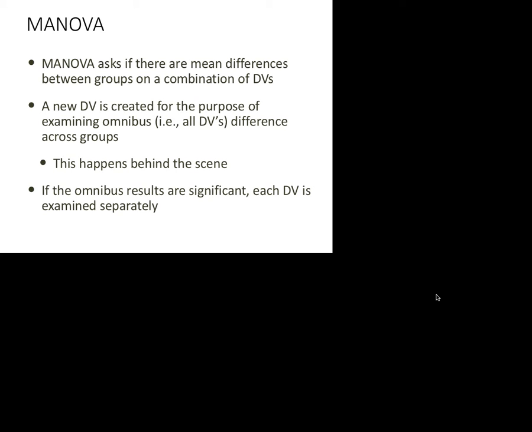So again, not because it's something that we're going to do here or that we have to do, but looking at that second point, behind the scenes, as I indicate there, what is happening is a new dependent variable is created, and that newly created dependent variable is what is used to examine whether there are differences across your groups.